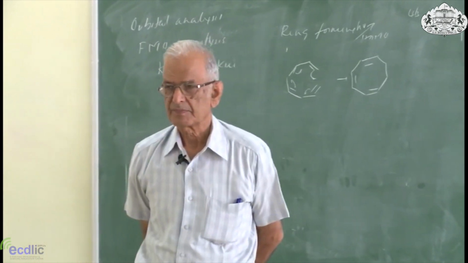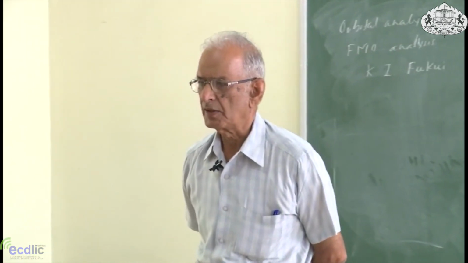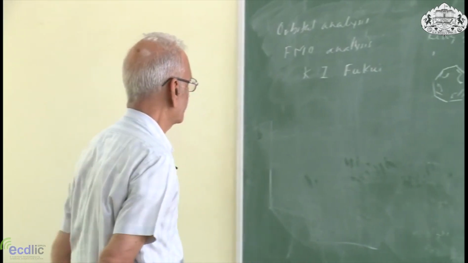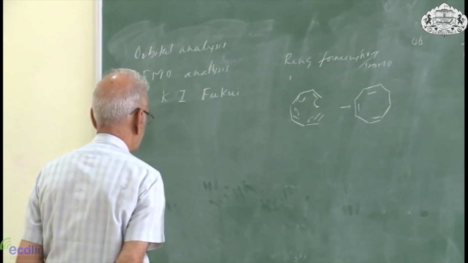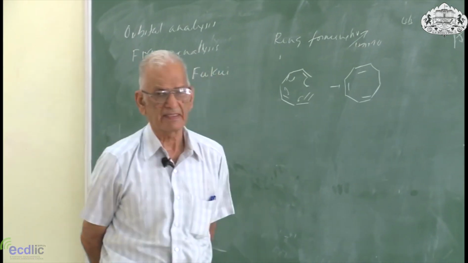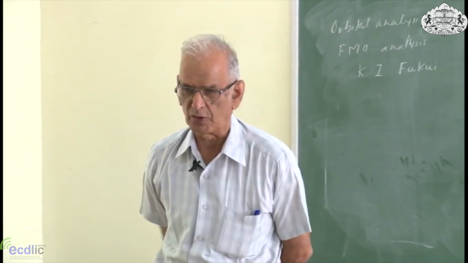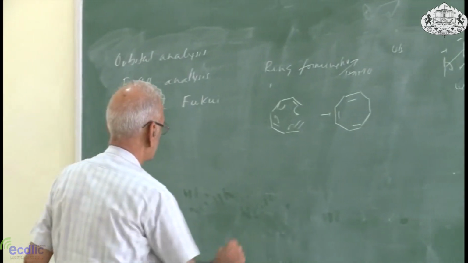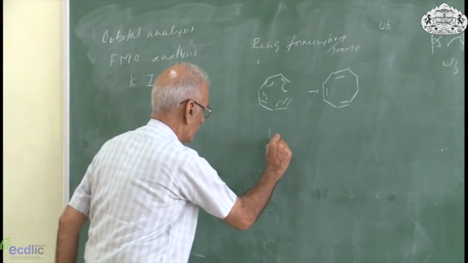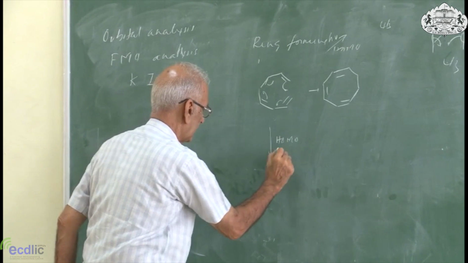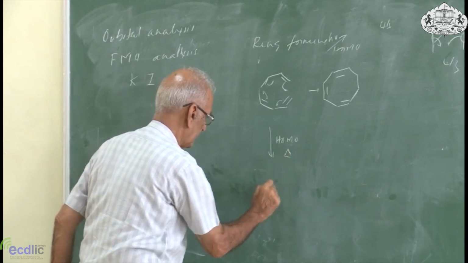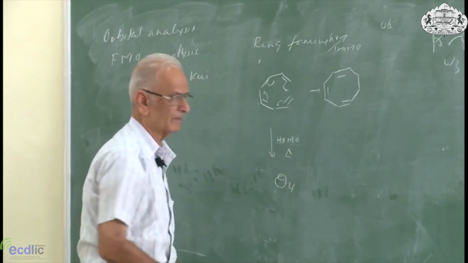Octatetraene going to cyclooctatriene. Octatetraene has how many orbitals? 8 orbitals. Therefore, your HOMO is going to be the 4th orbital. HOMO for the thermal reaction is going to be theta 4.